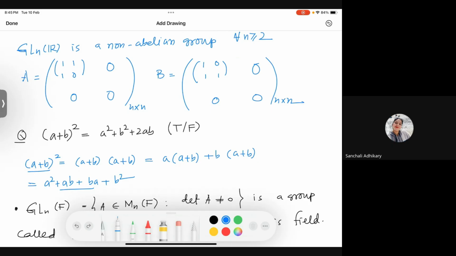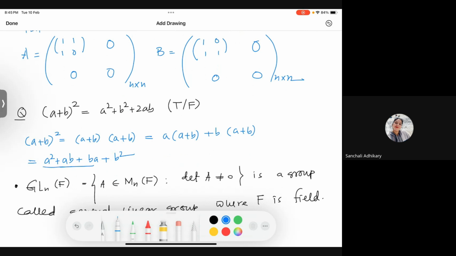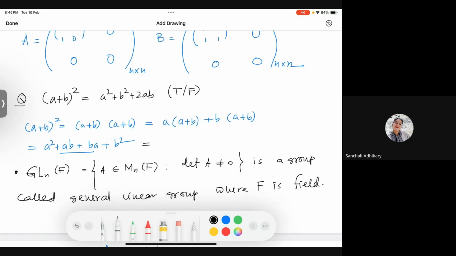It means A into A plus B into A plus B, right? So it means A square plus AB and B square plus, sorry, BA plus B square. So the next line we wrote this, right?